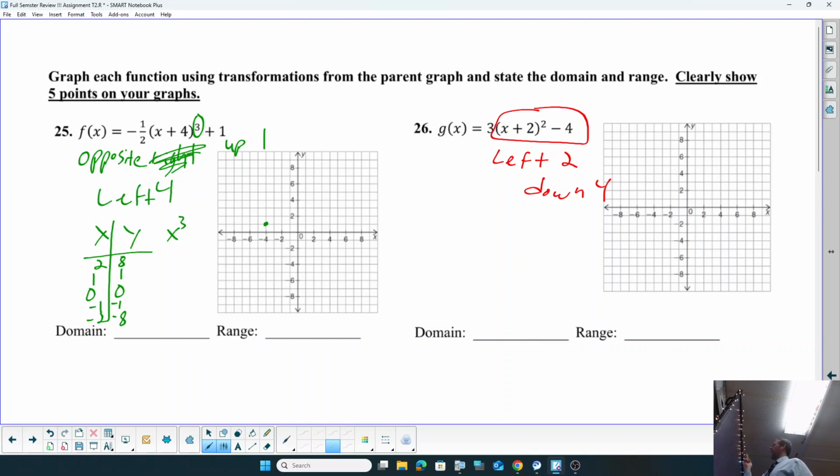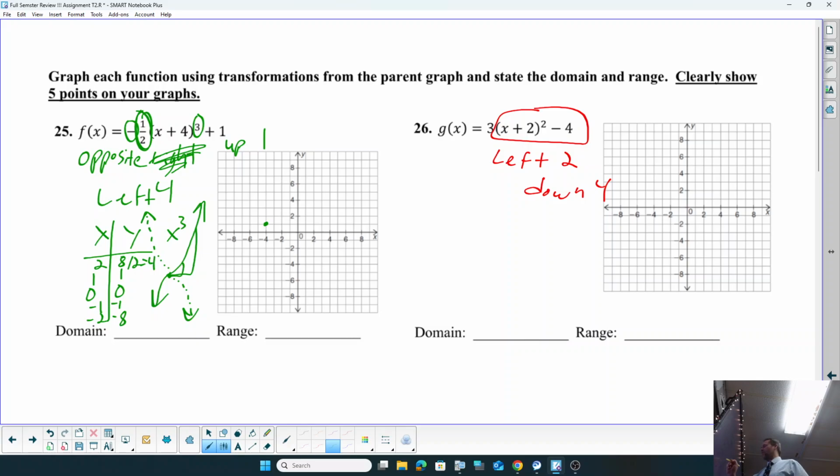But now we're going to flip it and we're going to half it. So instead of going 0, 0, over 1, up 1, and over 2, up 8, instead of taking off like that and down here like that, we're going to flip it. So we're going to end up going this way as well as this way.